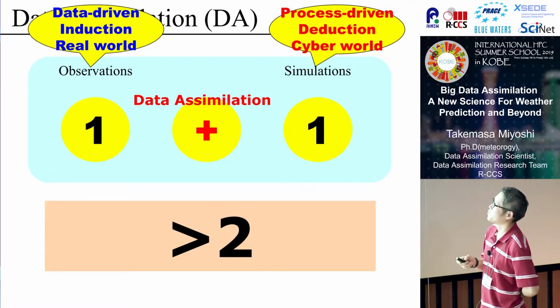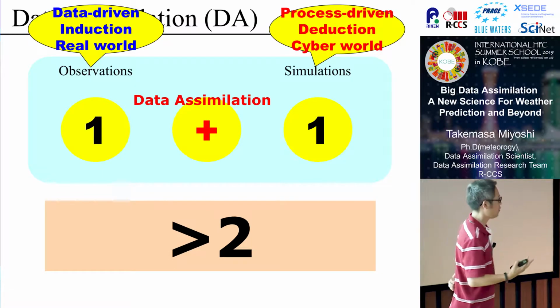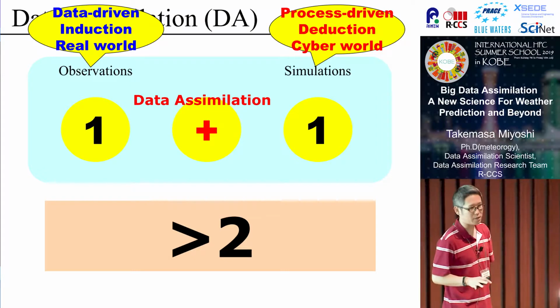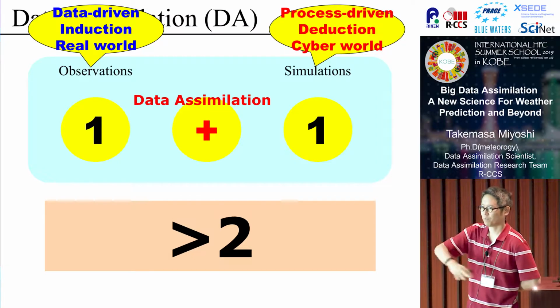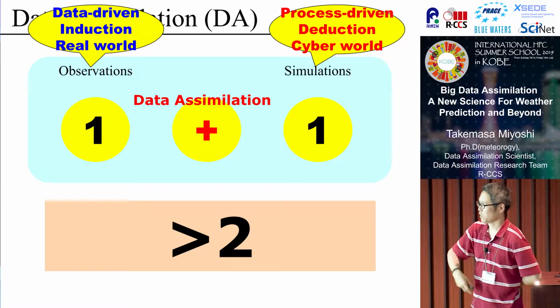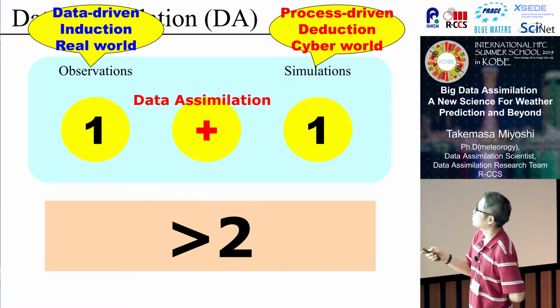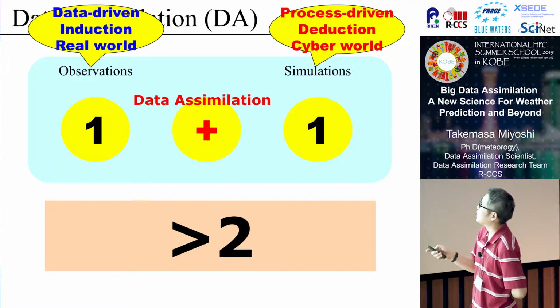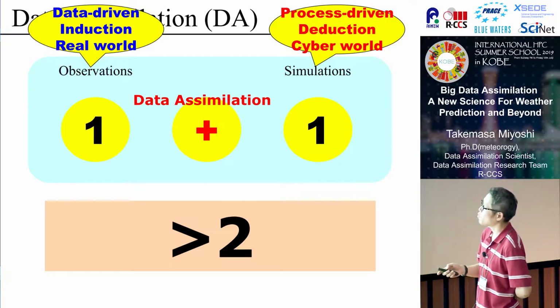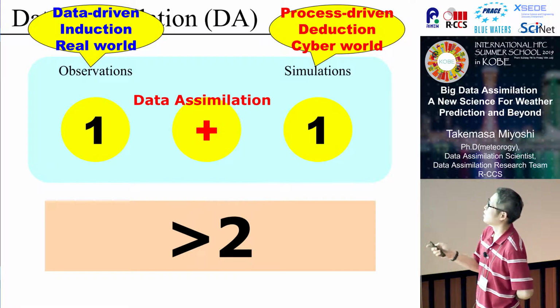But this is process-driven, so we can simulate what will happen based on our understanding of nature. We have physical laws, like Newton's laws, and we can compute. So combining these two completely different approaches, data assimilation can add something more than what either can do.